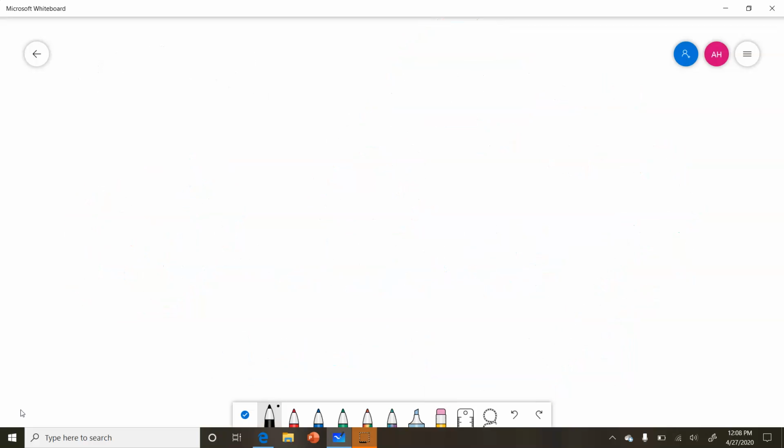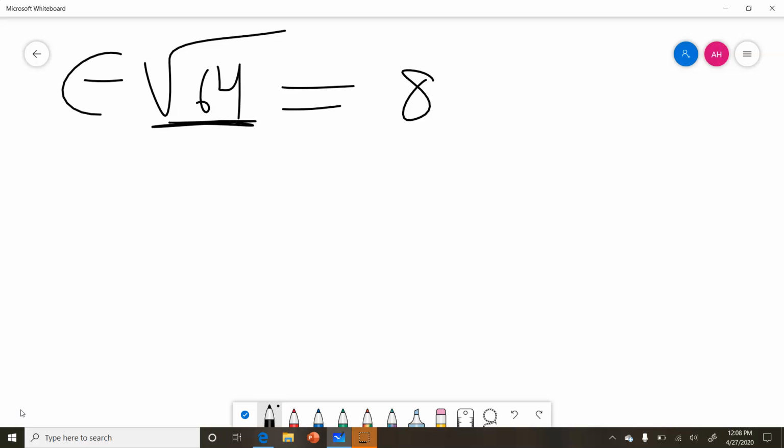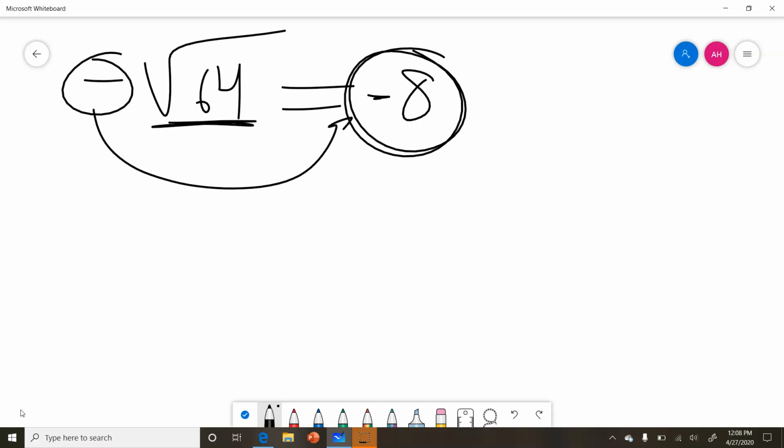Okay, moving right along. If I have negative square root of 64, again, what do I do first? I do what's in here first, which equals 8, and then I take this negative sign and put it there, so my answer is negative 8. Okay, but it's all about the fact that this sign was on the outside. Now, something that's going to be very helpful for you on this homework is page 451, and it's the chart at the top.